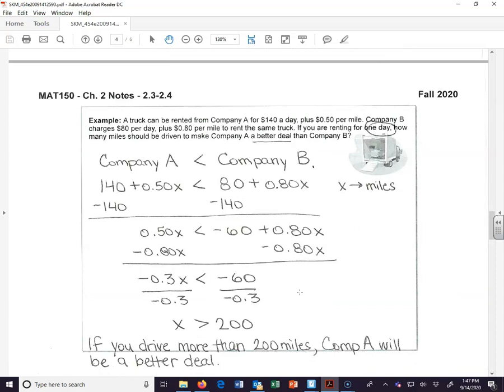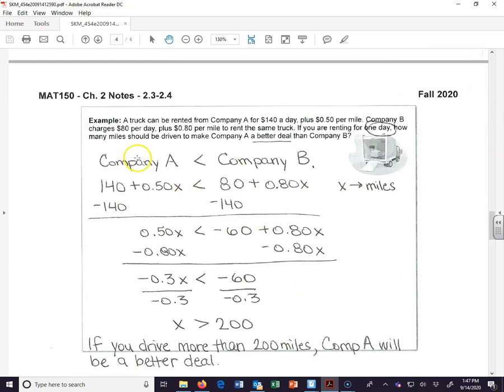All right, and the last one we have here, it's looking at which one would be a better deal. So it says, how many miles should be driven to make Company A a better deal than Company B? So on this one, we do need to figure out what X is going to be. We're trying to figure out how many miles we could drive. So X is going to be the miles because that's the variable that can be changed.